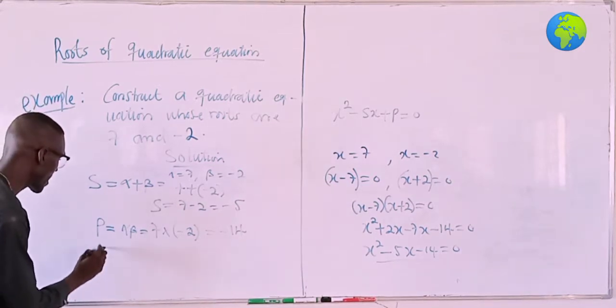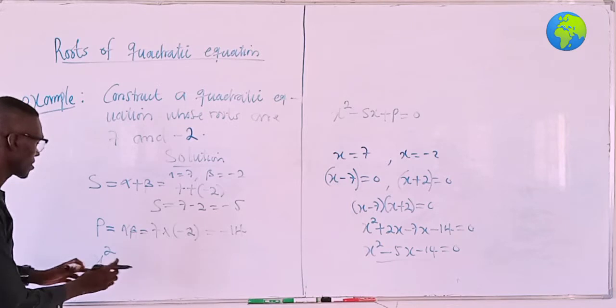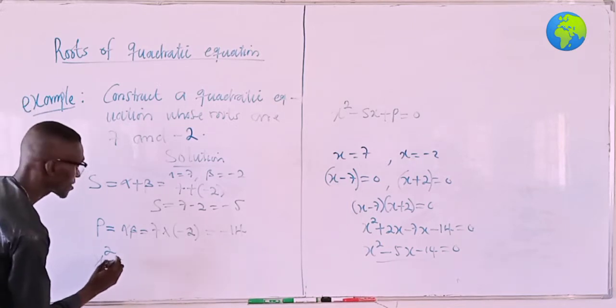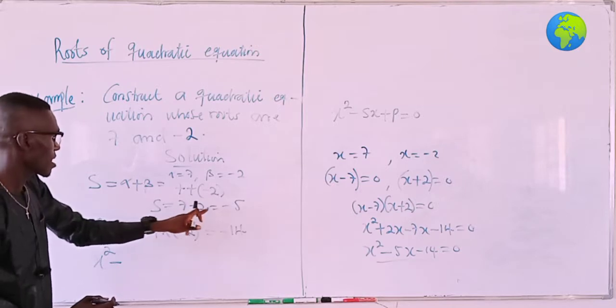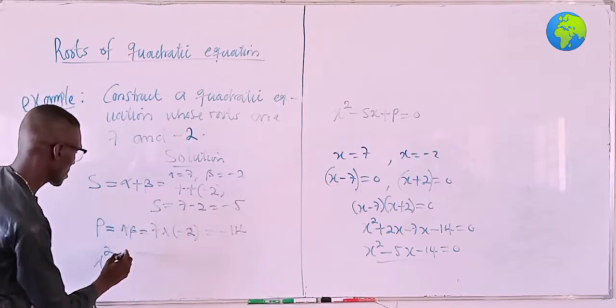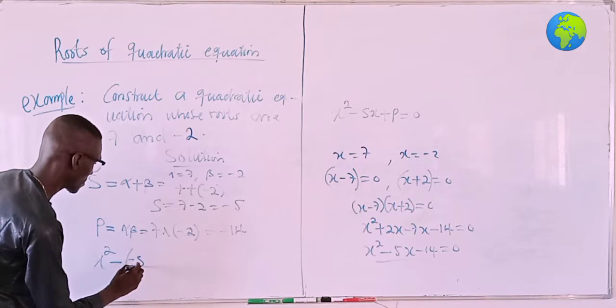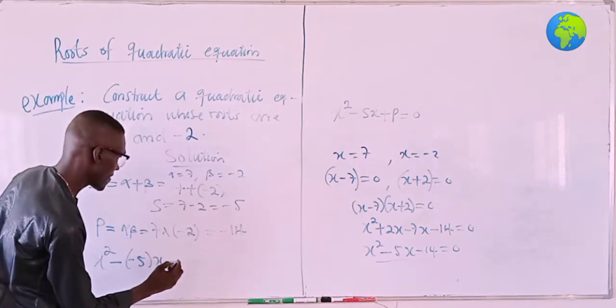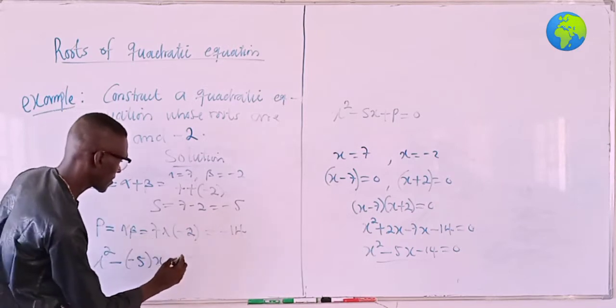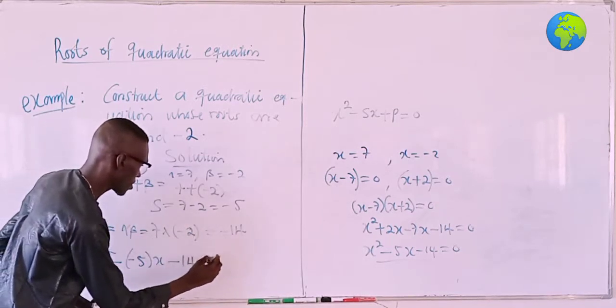So this is x squared minus sx, right? What was our s? s was minus 5, right? This is minus 5 times x, isn't it? Then plus, is it plus? Sorry, minus 14 equals 0.